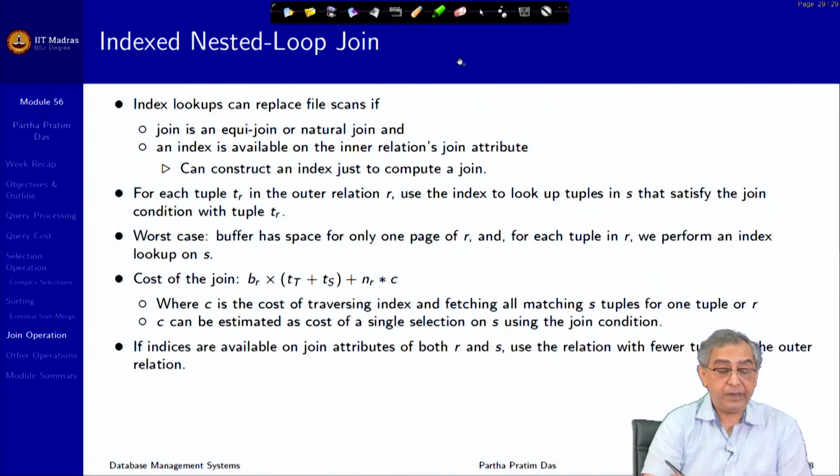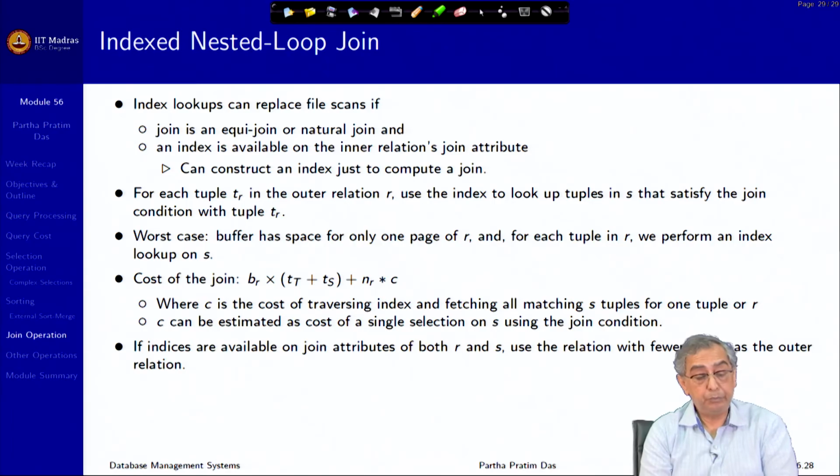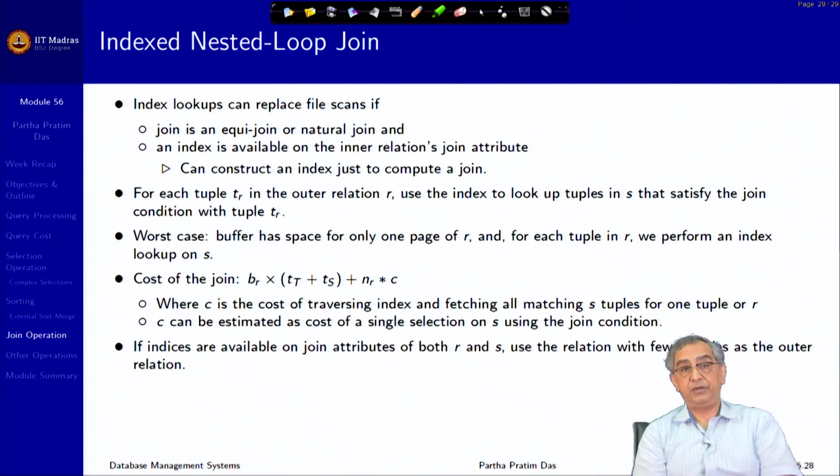What will be even better is if you have an index on the file, right, particularly if you are doing equi-join or natural join, where you have an index available on the inner relation's join attribute.